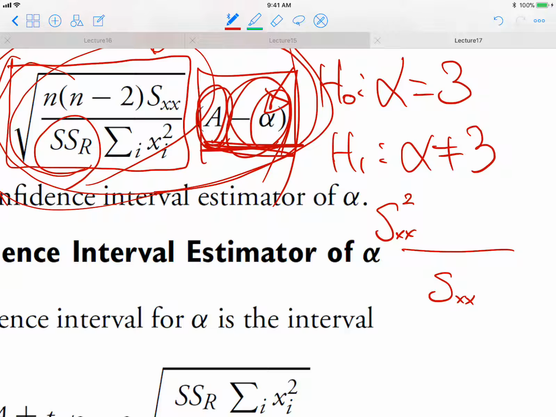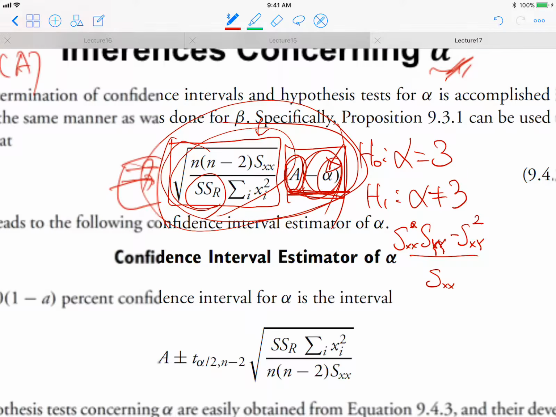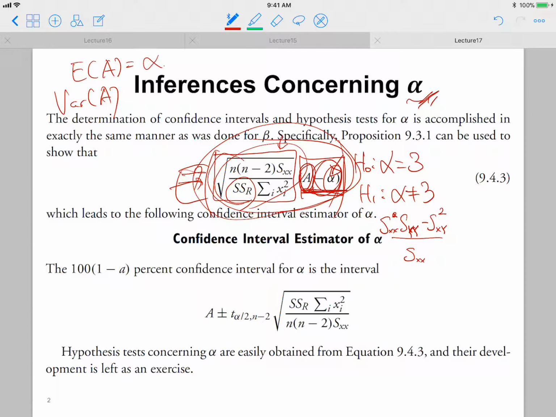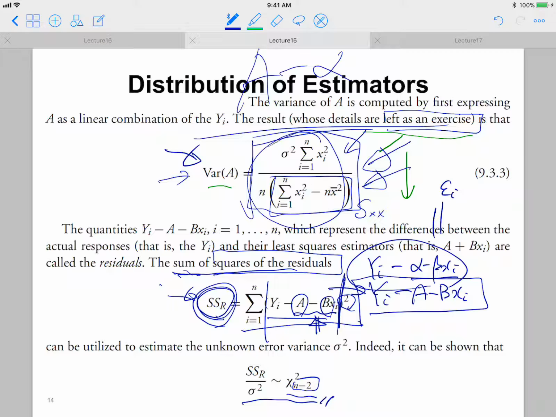Was it squared or not? It was like this one and SXY squared. Was it true? I'm just guessing, but you should be able to see the formula that we derived. You can just plug them in, and I think you should be able to easily prove this part will be the same as this variance.